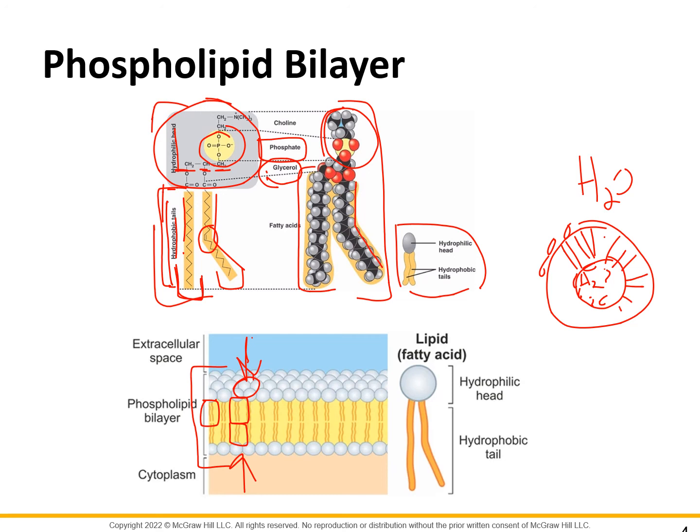So anytime you mix phospholipids with water, because of the characteristics of the phospholipid, polar head, nonpolar tails, and the ability of water to organize nonpolar molecules, you get these spherical structures, which is the basis for cellular structure.